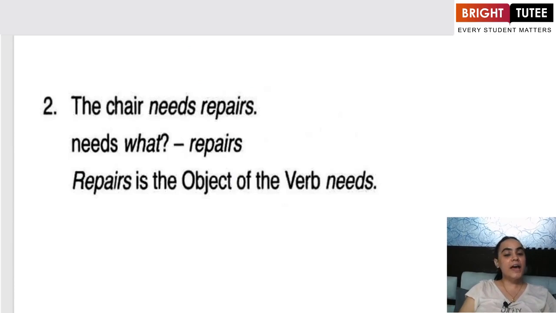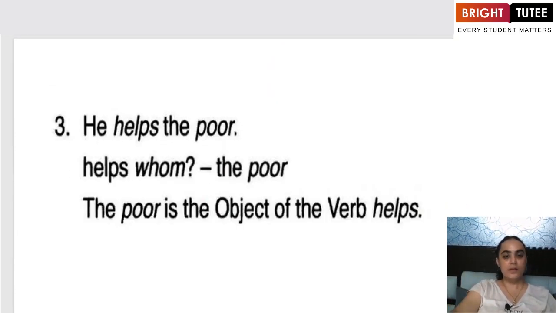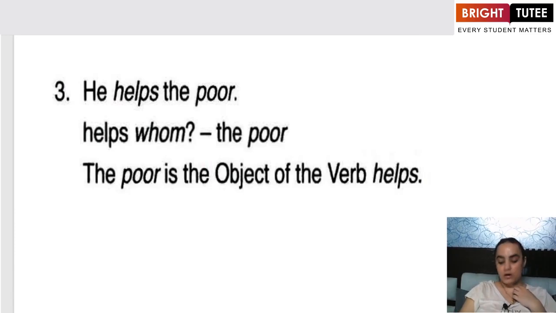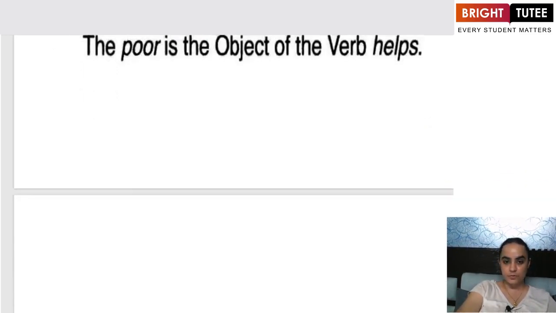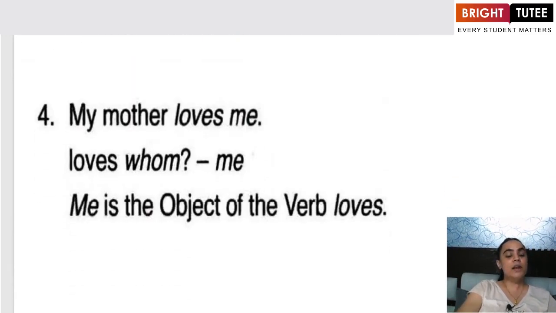The chair needs repair. Needs what? It needs repairs. So that is the object of the verb needs. He helps the poor. Helps whom? The poor. So the poor is the object of the verb. My mother loves me. Loves whom? Me. So me is the object of the verb loves.